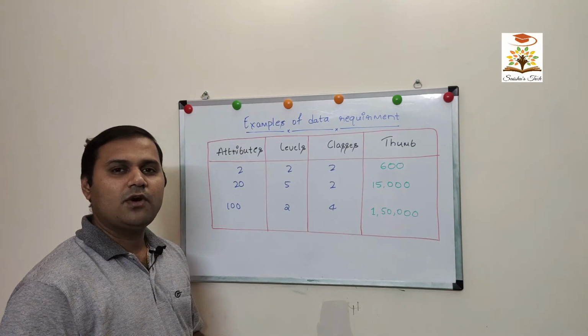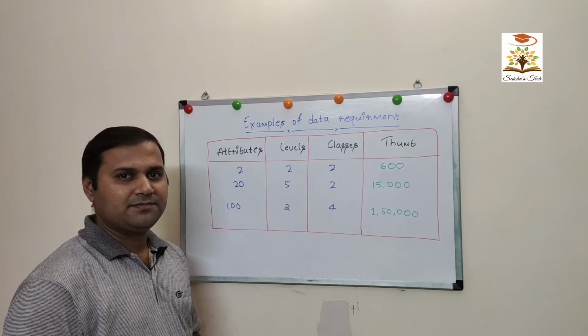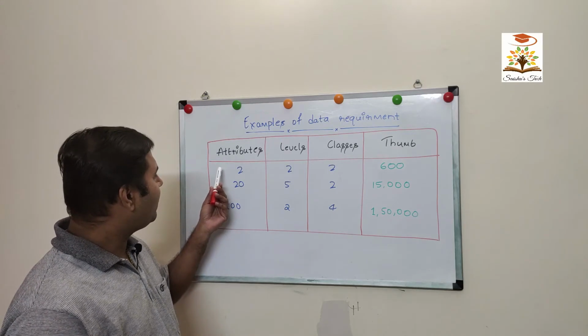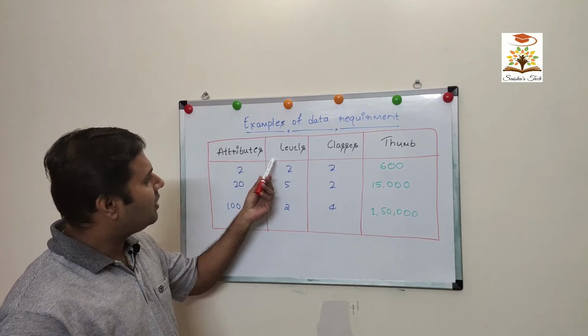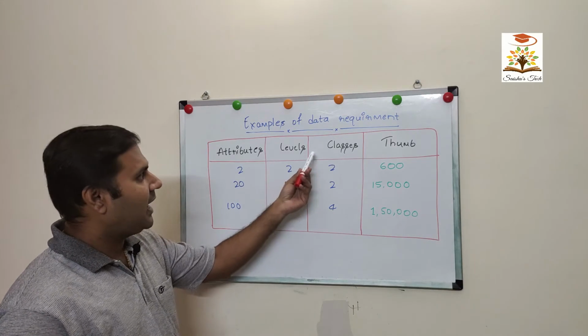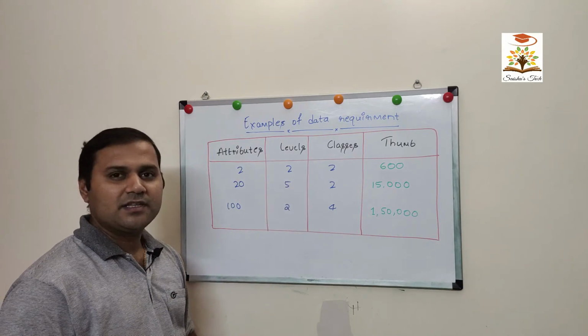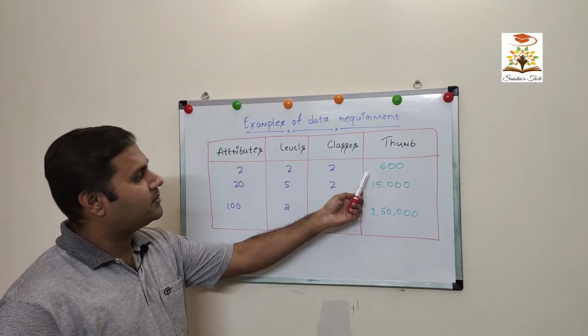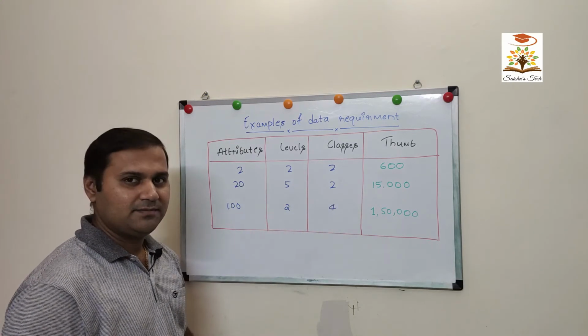Few more examples for understanding the data requirement. If the number of attributes is 2, the number of levels is 2 and the number of classes is 2, then we would require 600 observations for model building.